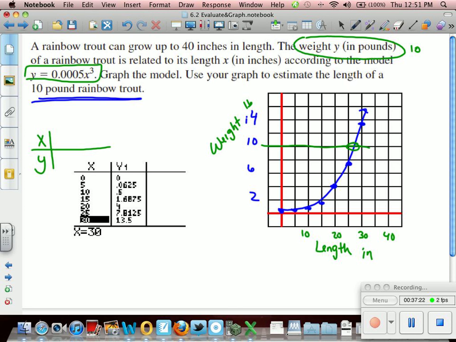This would be about what? You say 27, 28 inches. Either one of those would be fine. And that would be the general amount by your graph. You could actually find the correct answer another way, but that is just an approximation from your graph.